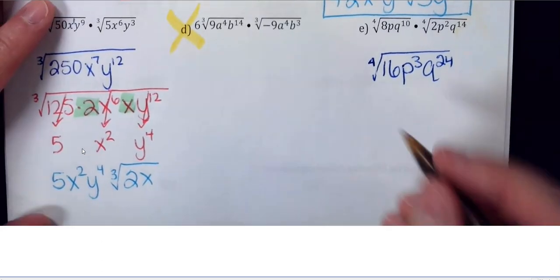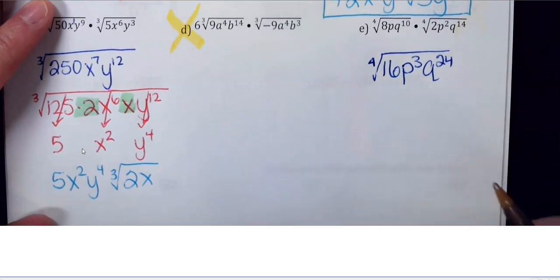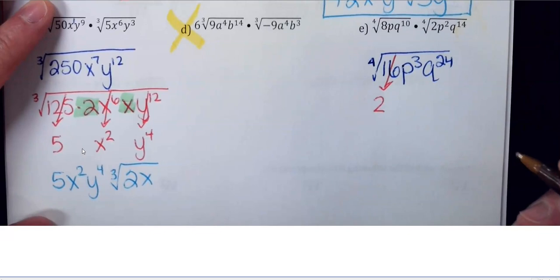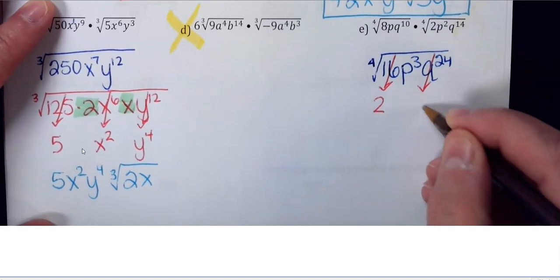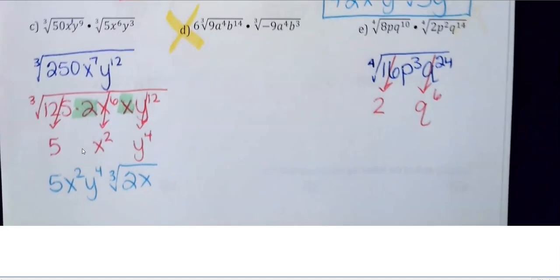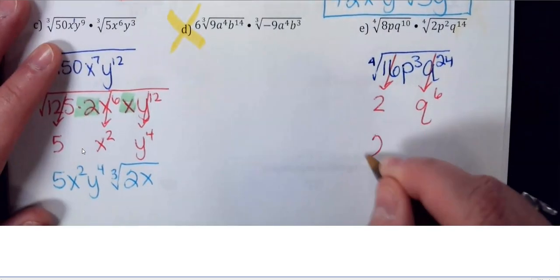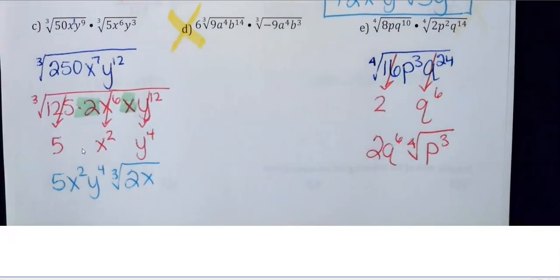Sorry, I said that wrong. Perfect. Good deal. Okay, p to the 3rd, the index is smaller than the root, so I can't even take anything out there, so just leave that alone. And then 2q to the 6 out in front, and then left under your 4th root, p to the 3rd.